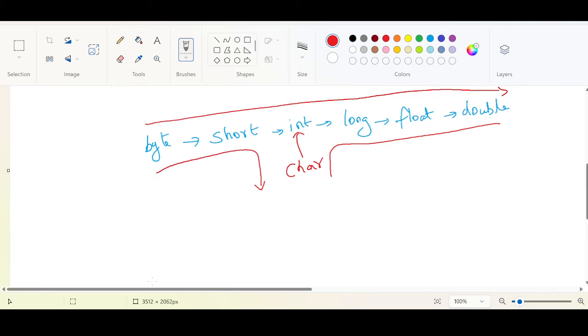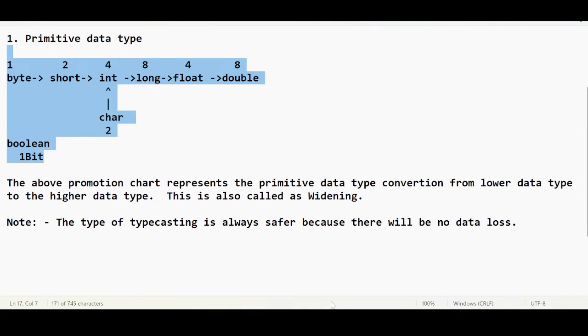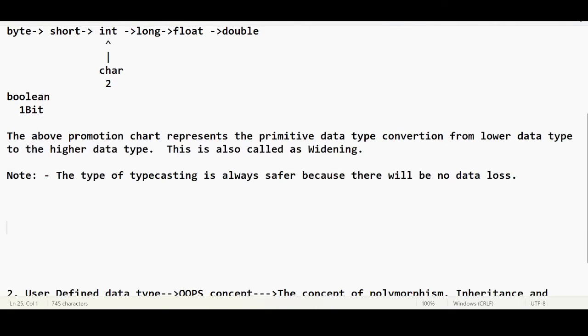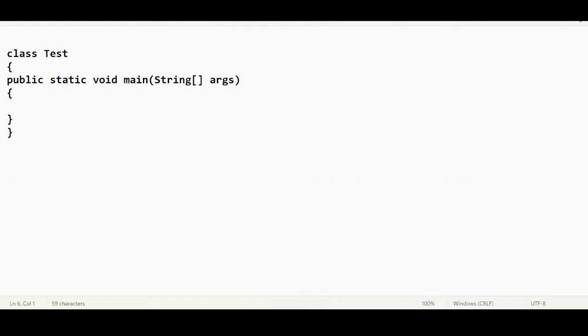Making sense? Right. So let me give you a small example for better understanding. The theory part is over, so the practical implementation can be like this. When I say byte b equal to, let us say a simple example, 10, short c equal to b. Now you must understand one thing, I am using the short data type and I am preferring the variable name c.